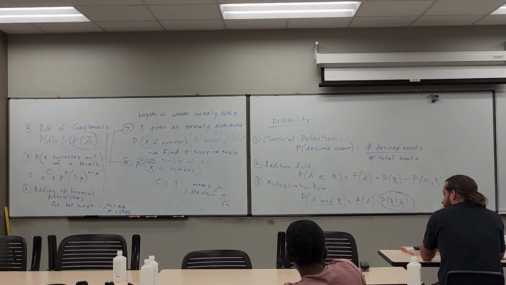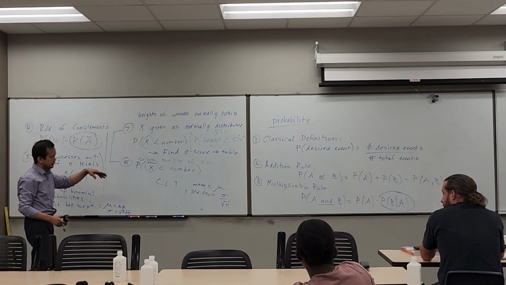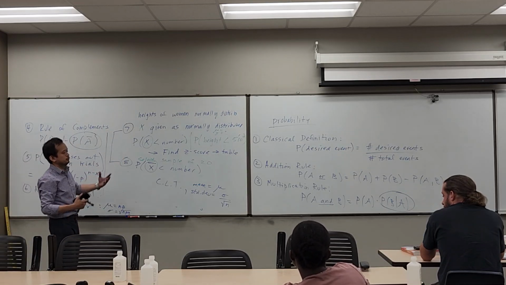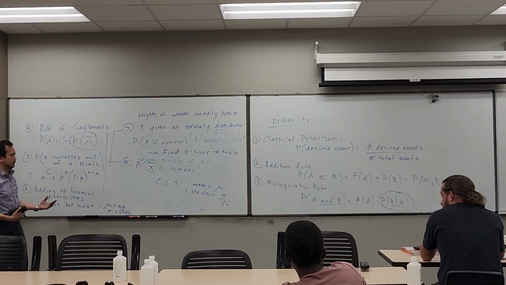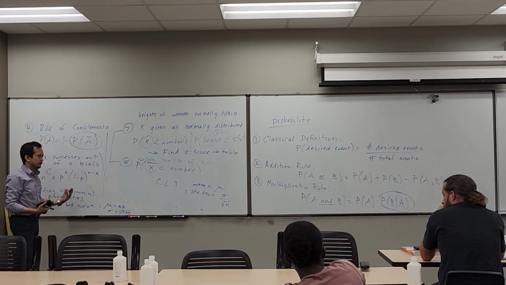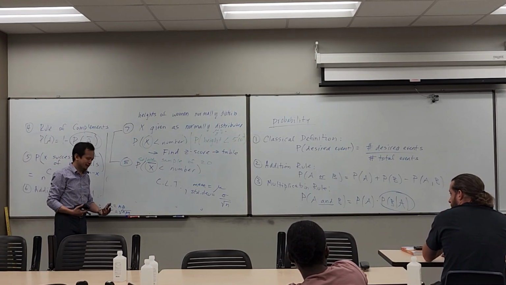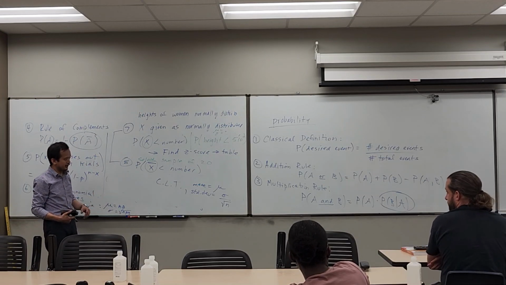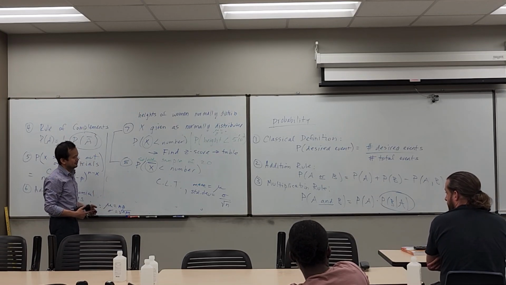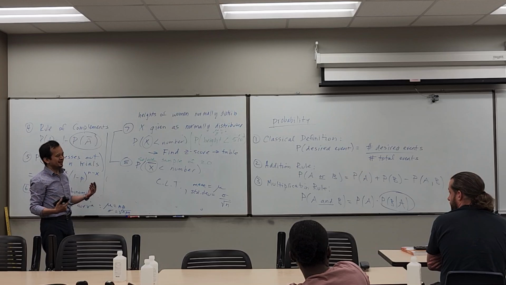All right, so this is a good question, basically, which is, how do you know what probability rule to use? And the short answer is that you don't really know.